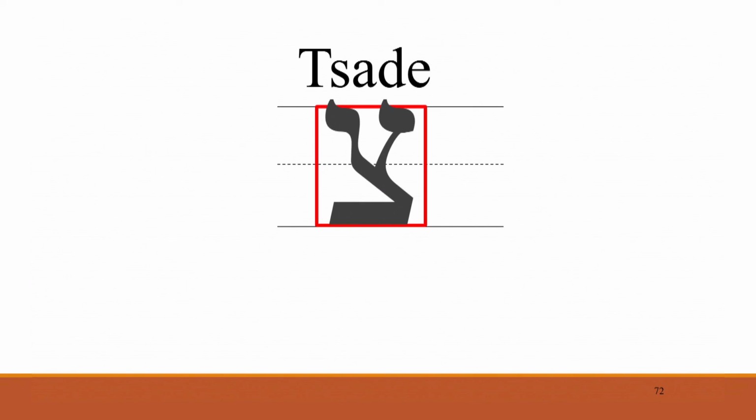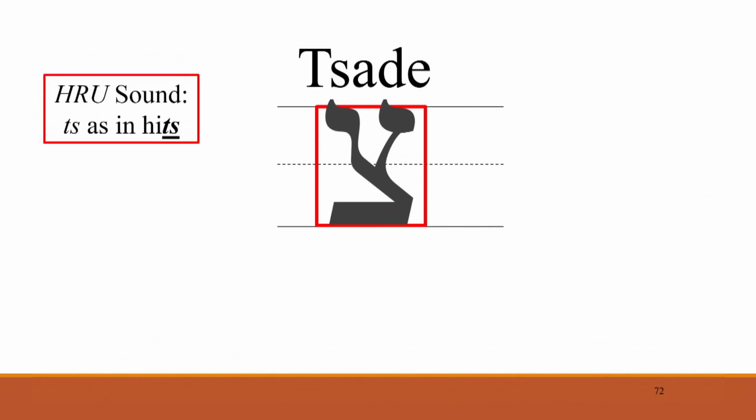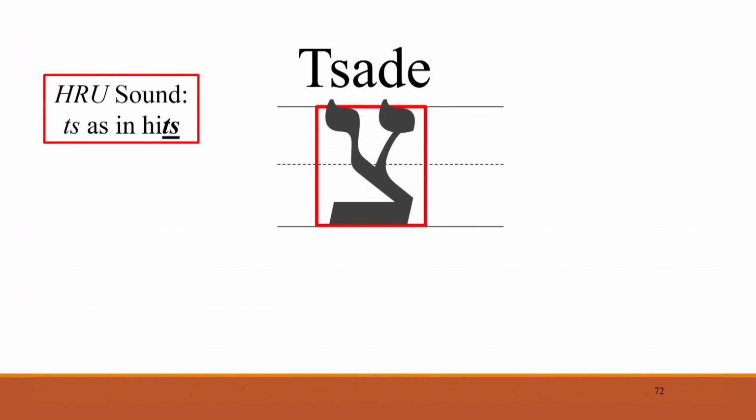Next letter is tzade. Tzade makes the sound ts. Now in English, we never begin a word with this consonant cluster, this ts sound. But we don't have any problem putting it at the end of words, like hits. But if you can practice saying ts, then that's what you need to do. It's the same in modern Hebrew.